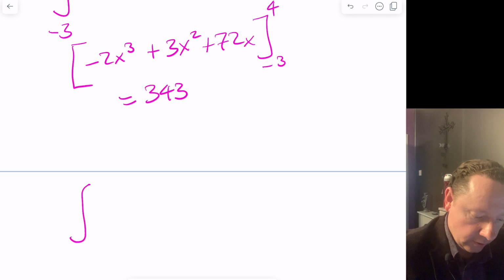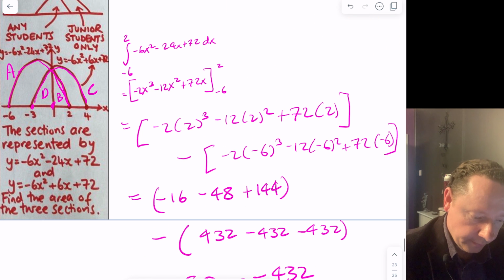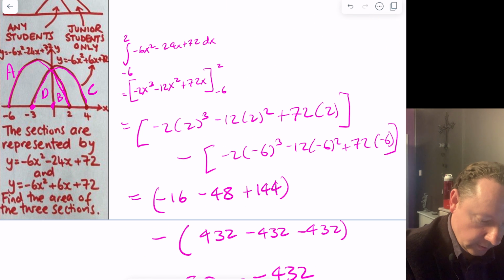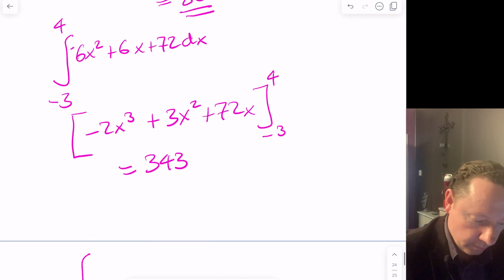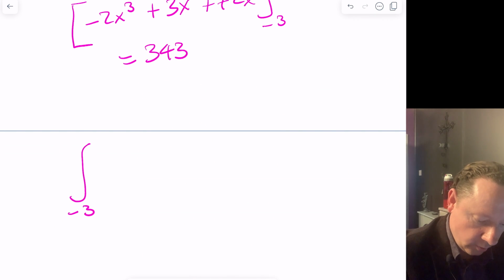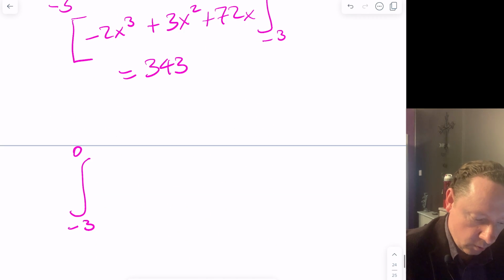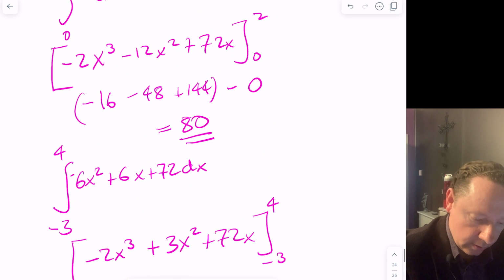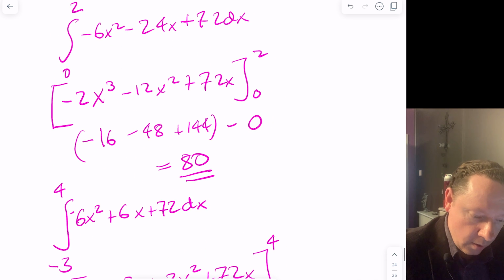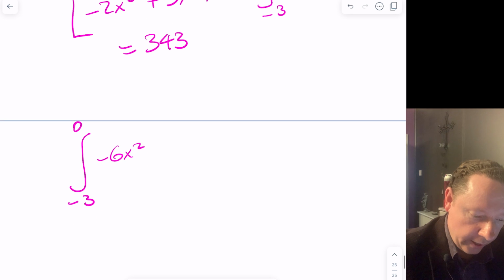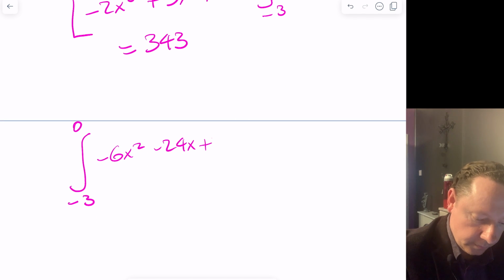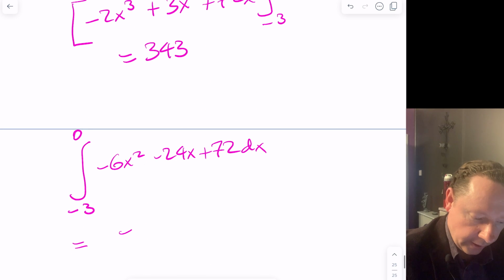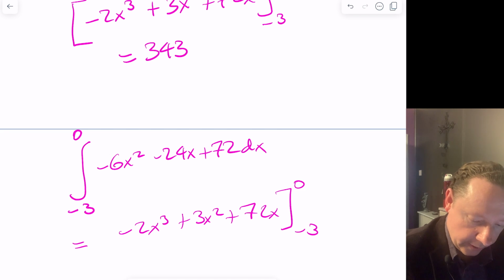And then our last integral is going to be for this D part here, between minus 3 and 0. So the same one, minus 6x squared minus 24x plus 72. And that gives us minus 2x cubed plus 3x squared plus 72x between minus 3 and 0.